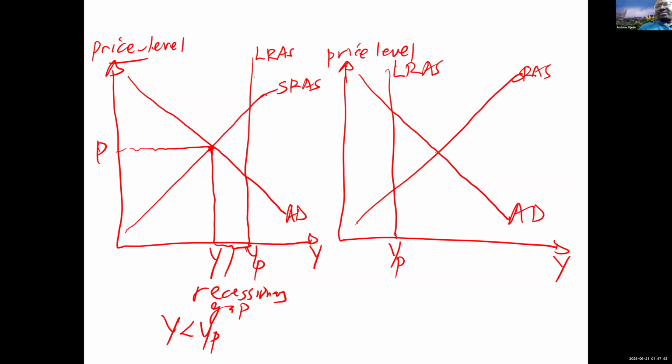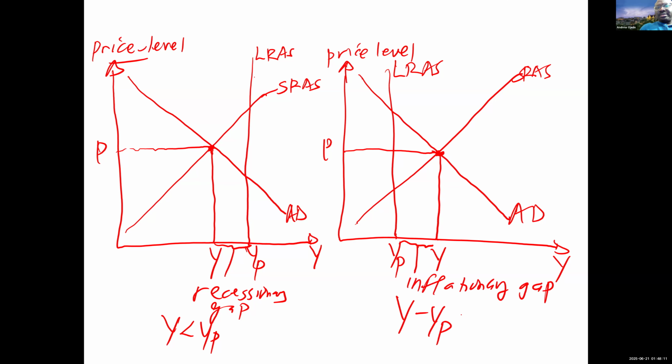But you see the intersection is happening to the right of that vertical line. This is going to result in this actual output Y, and this is going to be your price. So this gap, where your actual output exceeds full potential output, is what we're calling the inflationary gap. Clearly you can see that Y minus YP is going to be greater than 0. Okay? So those are the two.